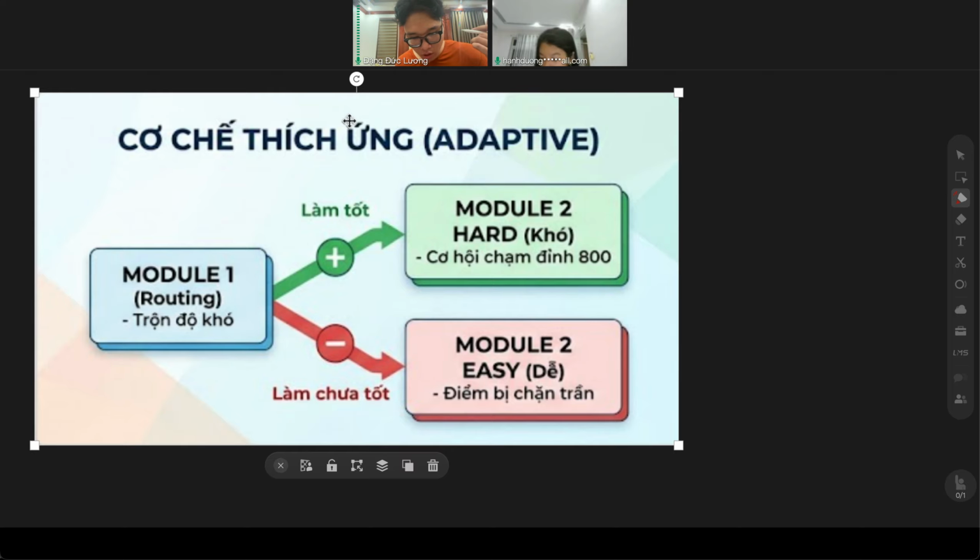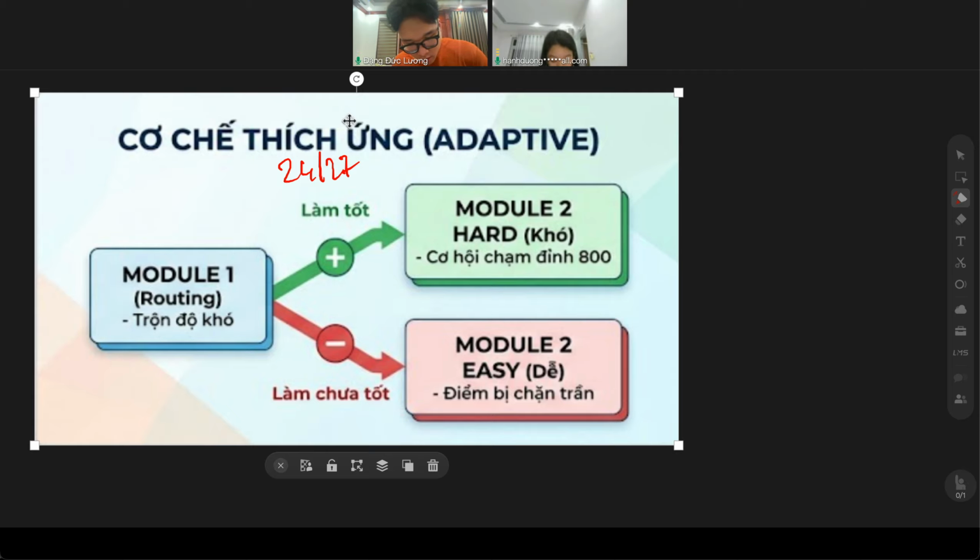If you do well at Module 1, I would say about 24 over 27 questions right, you will get to Module 2, which has a hard level, and you will have a chance to reach the top, the perfect score of 800.